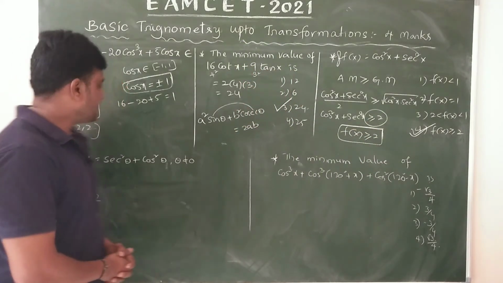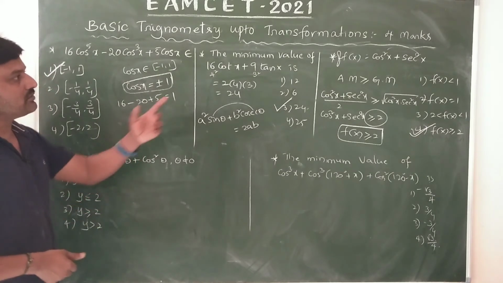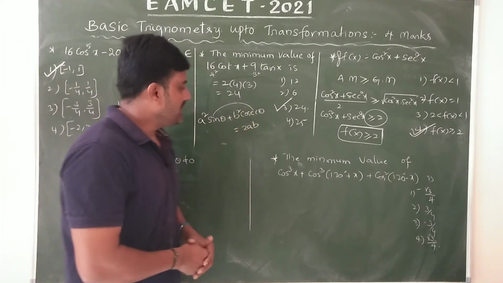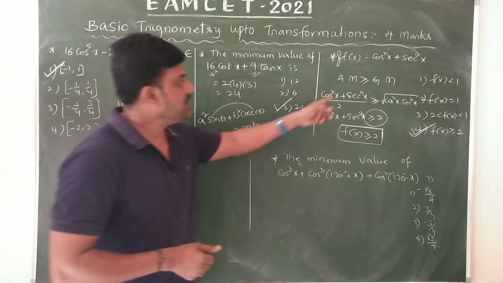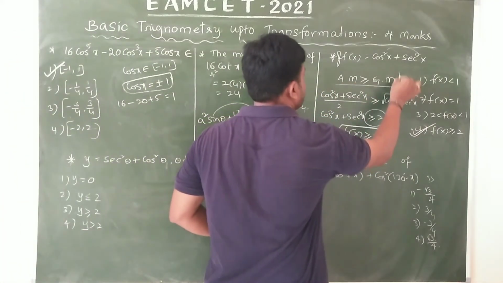Okay, let us do this one. Now observe, both are equal actually. Here also we can apply one strategy. Now it can be done by this one, yes or no?